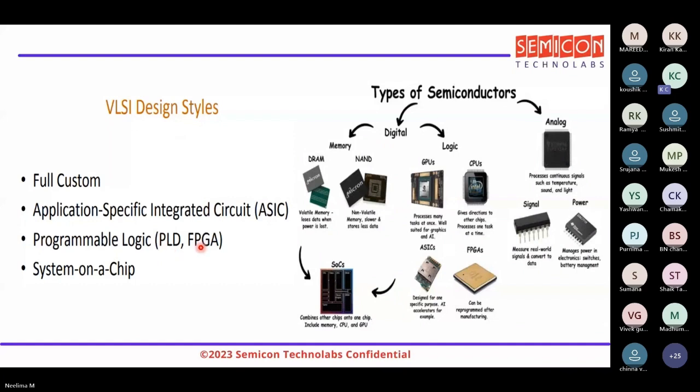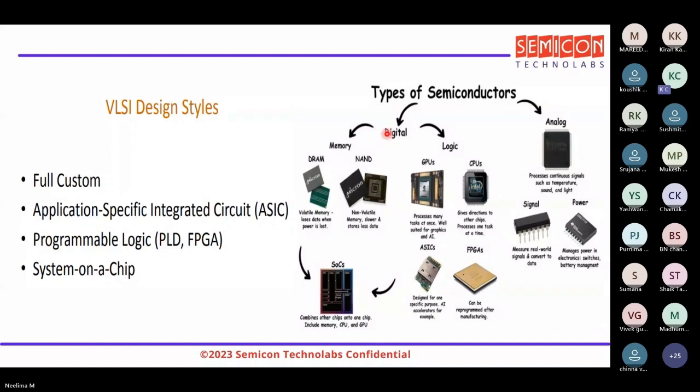And then system on chip, that is nothing but SOCs. They are again falling in the digital bucket. Now in digital, you have memory and logic. In logic, you have GPUs, graphical processor units, and then central processor units. Again, you have ASICs, application specific integrated circuits, and then field programmable gate arrays.